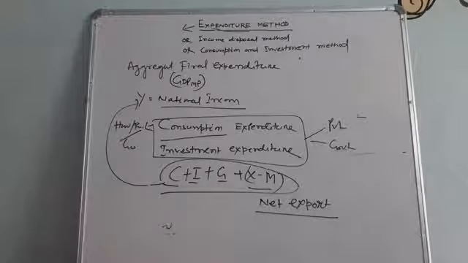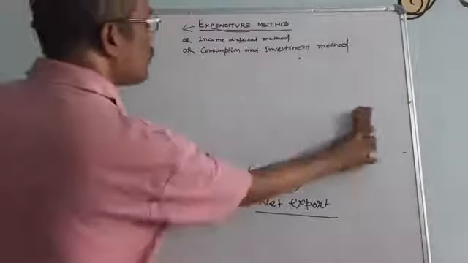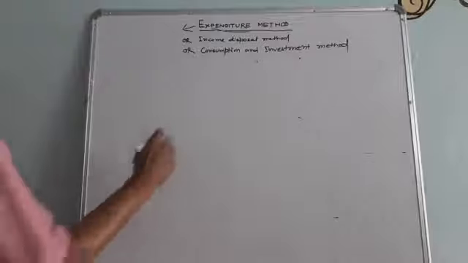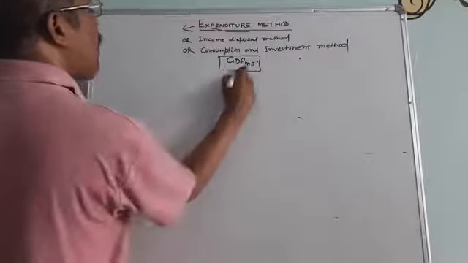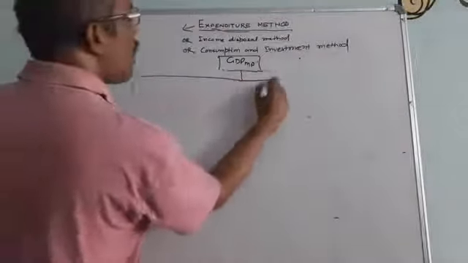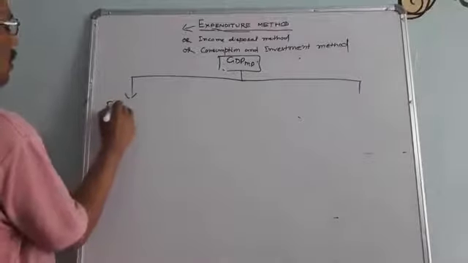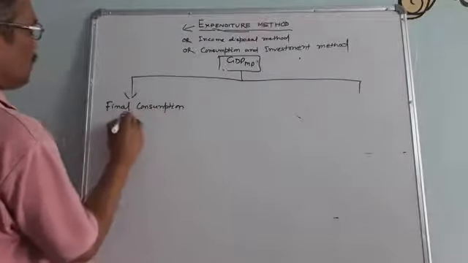According to this expenditure method, the composition of GDP at market price: the first one is the final consumption expenditure.